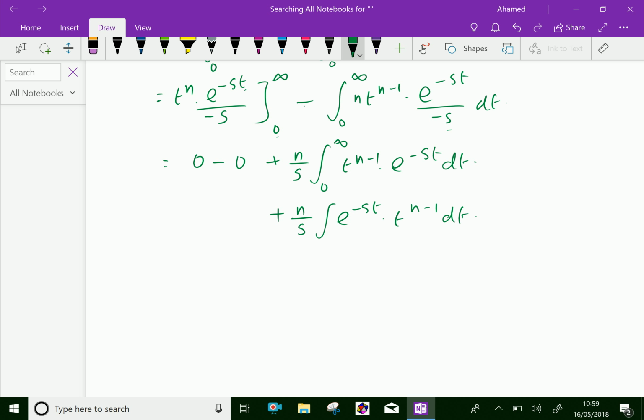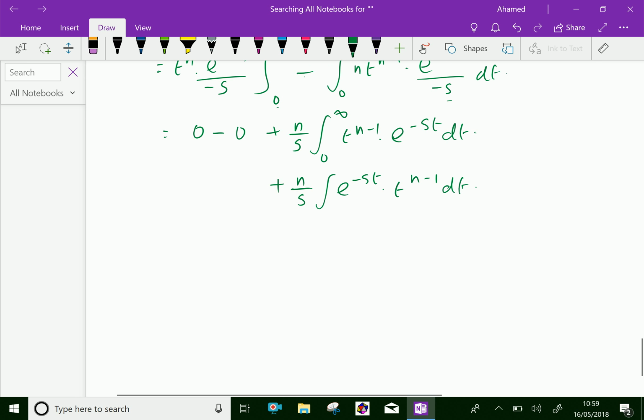Now look at this expression. It resembles the Laplace transform of some other function, that is, it is the Laplace transform of t power n minus 1, since the integral of e power minus st into t power n minus 1 is the Laplace transform of t power n minus 1.